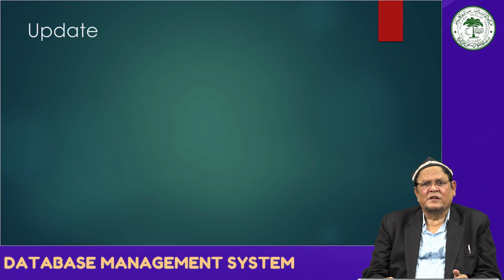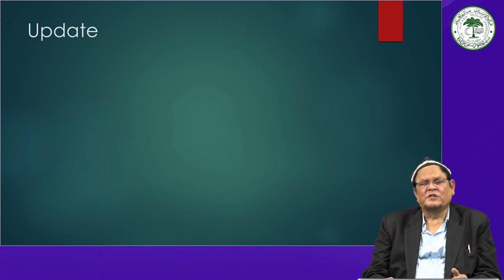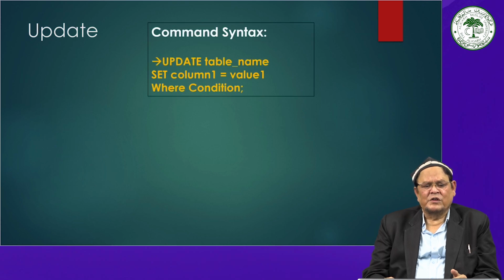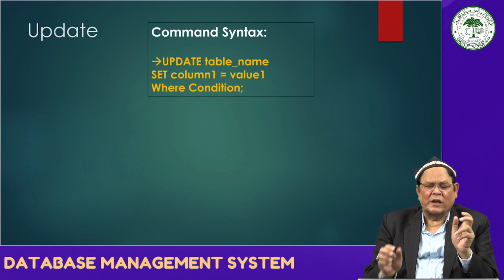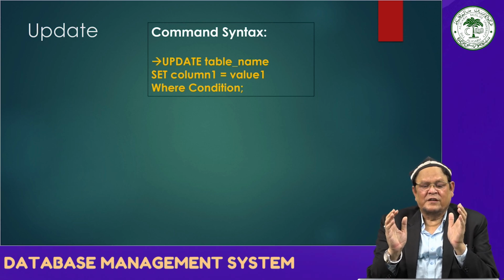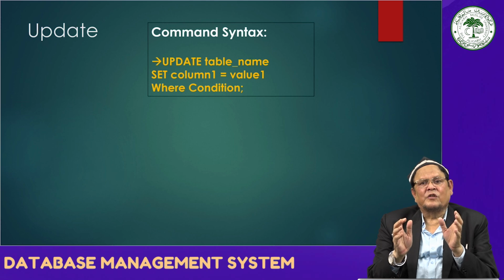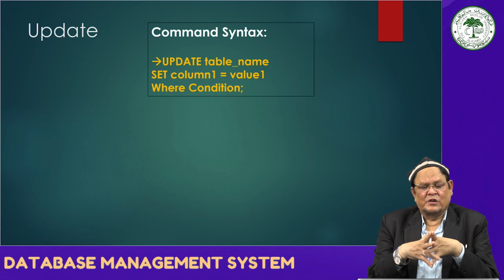After select, updating information is very important. Updating information plays a very vital role, because if a client's address has changed, then you have to update the table. So the command syntax is update table name. Every time you have to write the table name, then set column 1 equal to value 1 where condition; you have to add some condition for what you want to update.